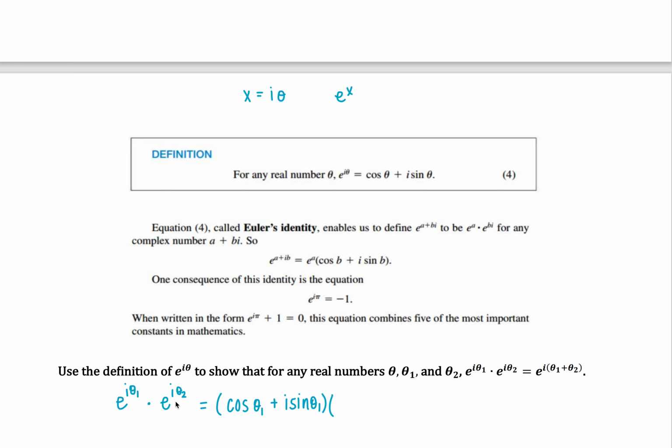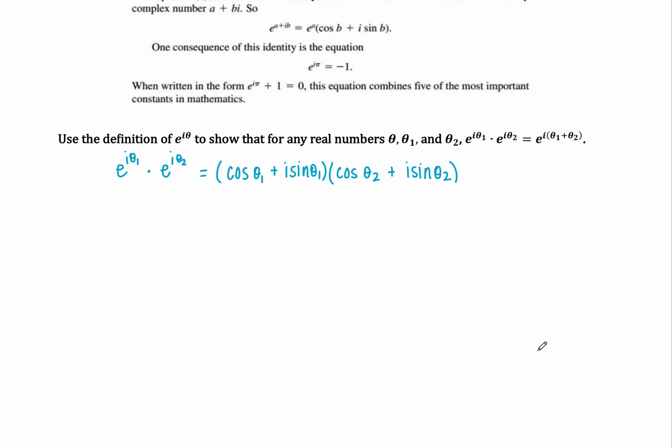E raised to the I theta 2 is going to be cosine theta 2 plus I sine theta 2. And let me scroll down now. So now I'm just going to multiply.